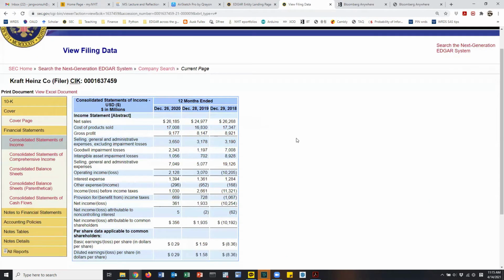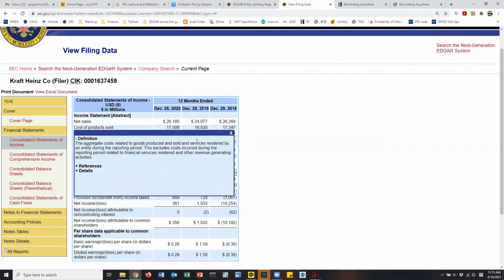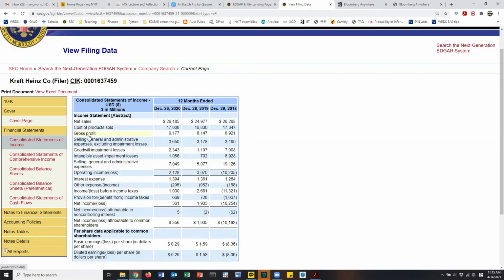Then you can see it presents a nice income statement that begins from net sales, cost of products sold or goods sold, right? Gives you gross profit. And from gross profit, you take out selling, general and administrative expense, together with goodwill impairment, intangible asset impairment, excluding impairment losses, and then including impairment losses.